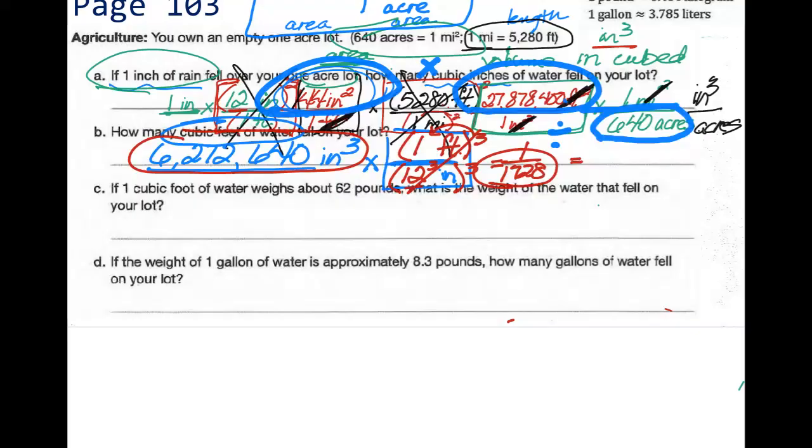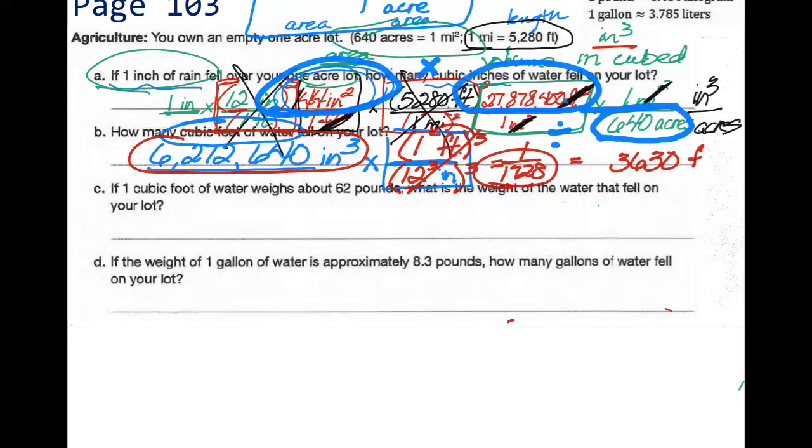6,272,640 divided by 1,728 equals, it's not too much. Guys, you're the ones with the calculators. Come on. 3,630. This is cubic feet.